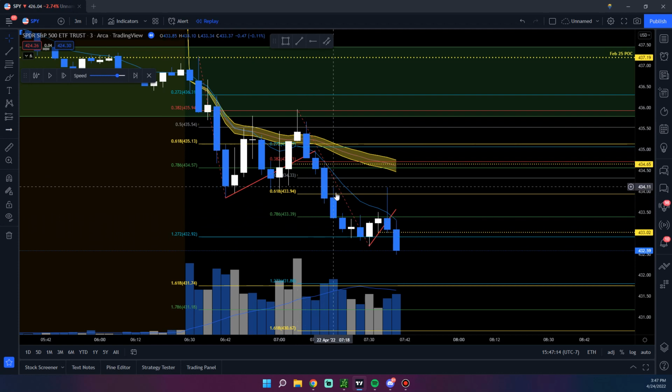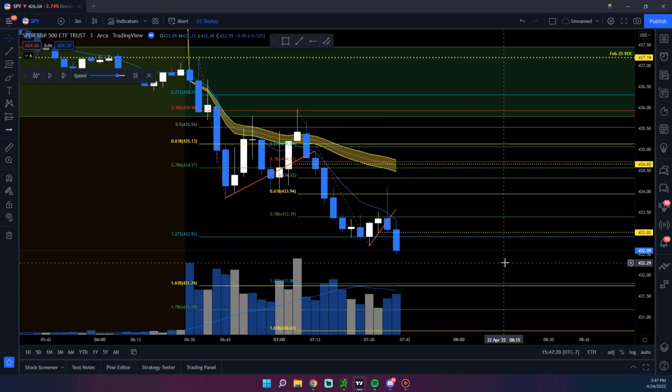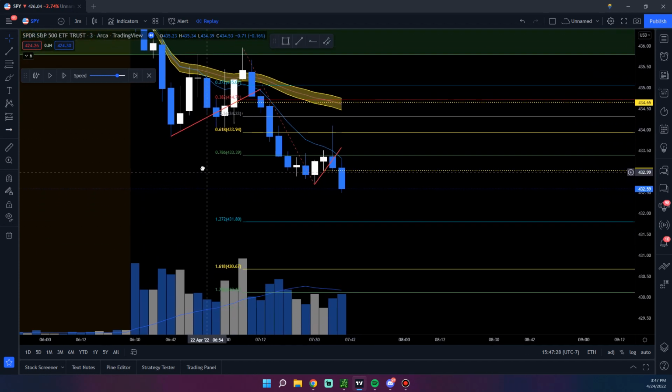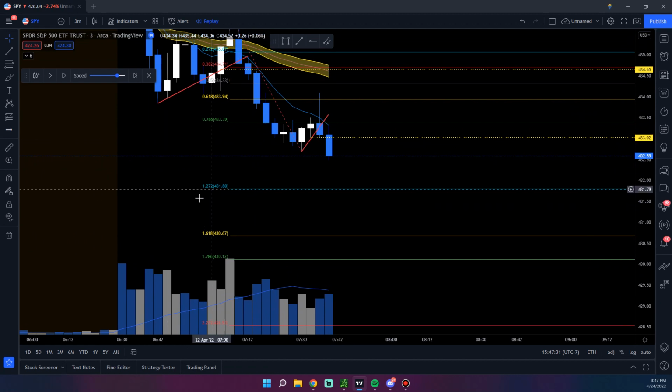Then you'll want to roll down to lower contracts for this next flag that forms, whatever that is, 431, 430s. Anyway, let me get this fib off to remove some of the clutter. Now our next target is going to be this 1.272 level. So let's hit play.